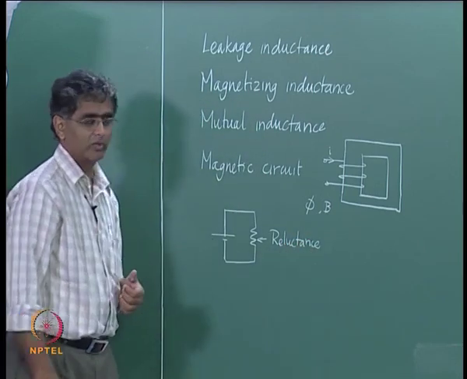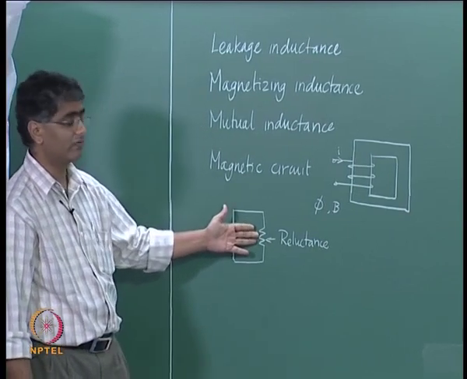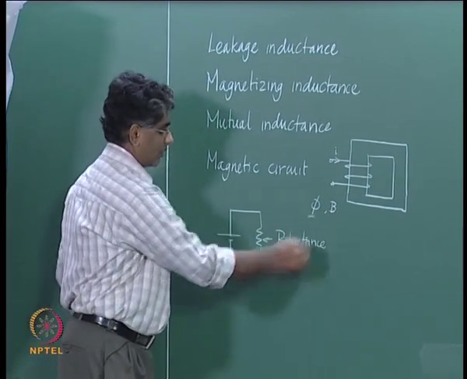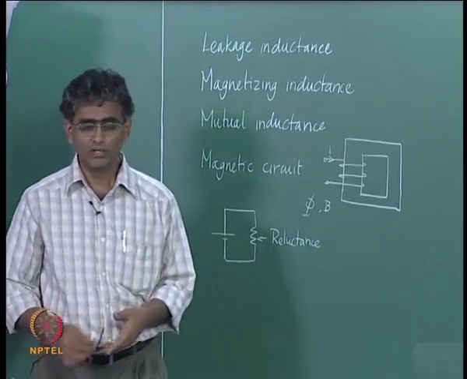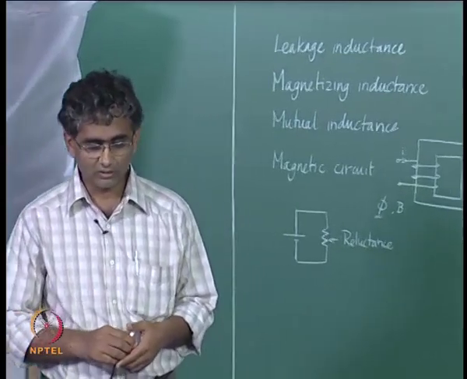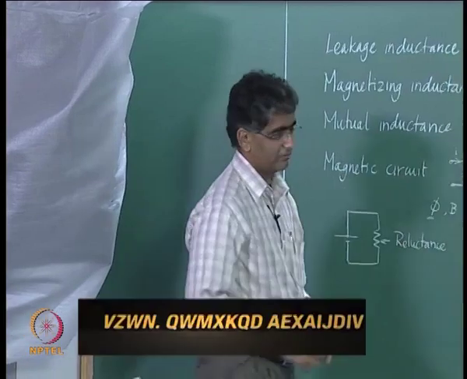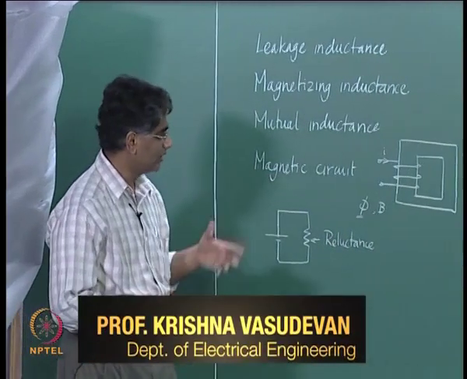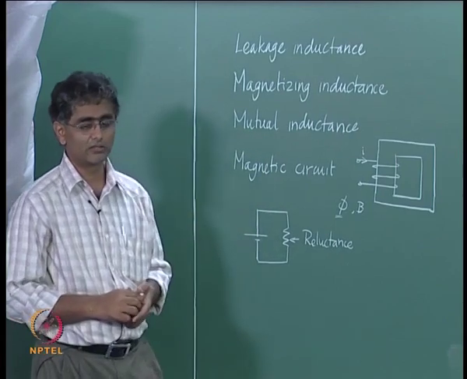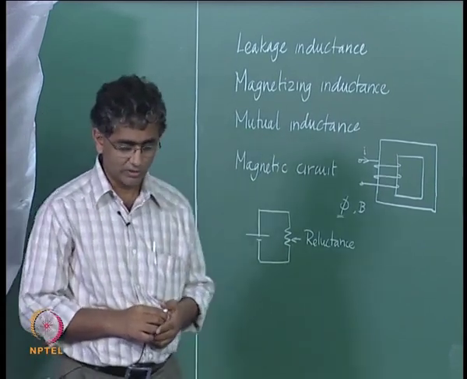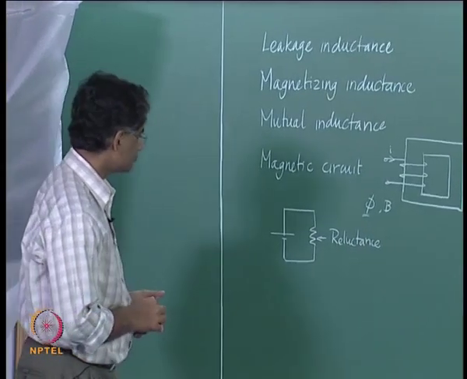This is your MMF source, and equivalently this source divided by the value of reluctance gives you phi, and phi divided by the area of the circuit gives you B. So all these things can be done to analyze how the system is going to behave. Now in order to see the real effect of these things, let us do a numerical example which will help to understand all these ideas.